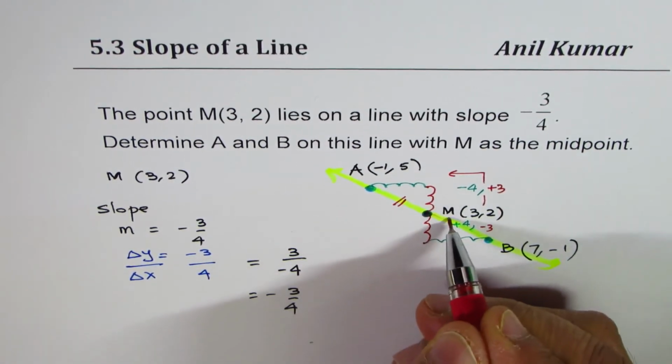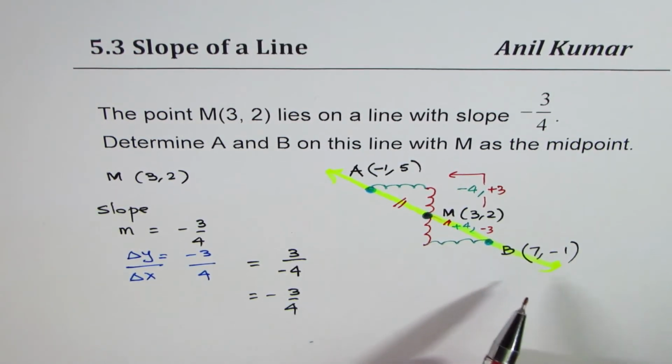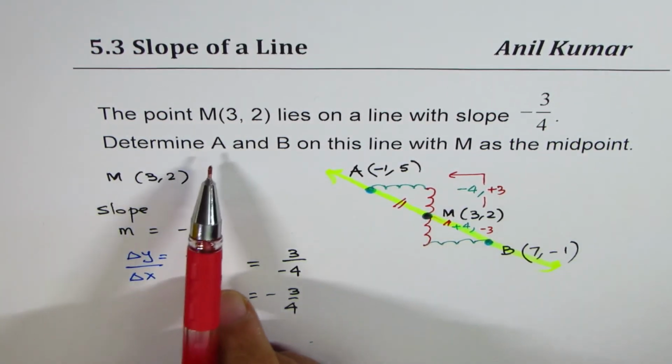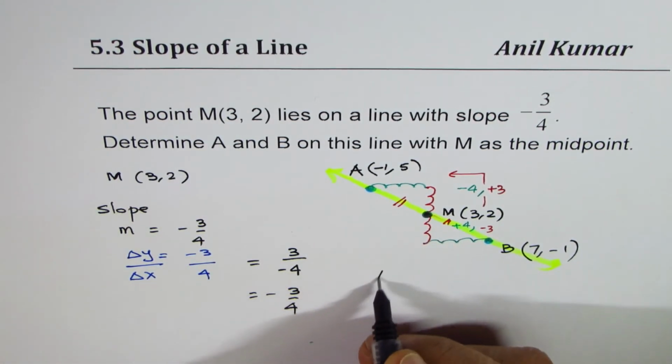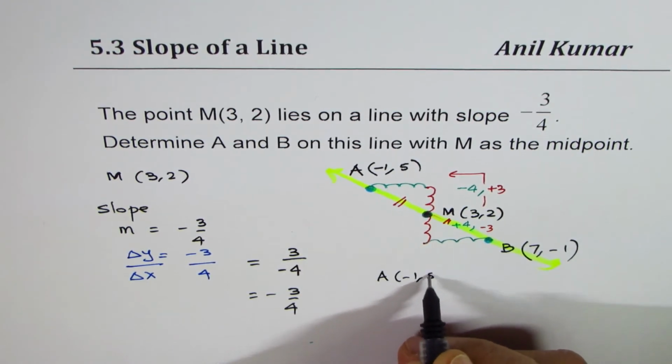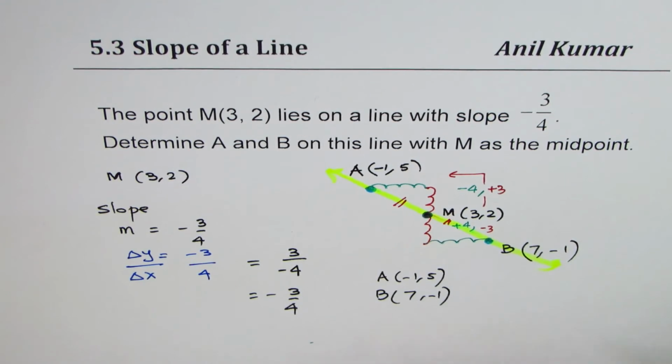So these distances are equal. I hope you have seen how, by this construction, we can get points A and B, right? So our answer is, the points A and B are (minus 1, 5) and B is (7, minus 1).